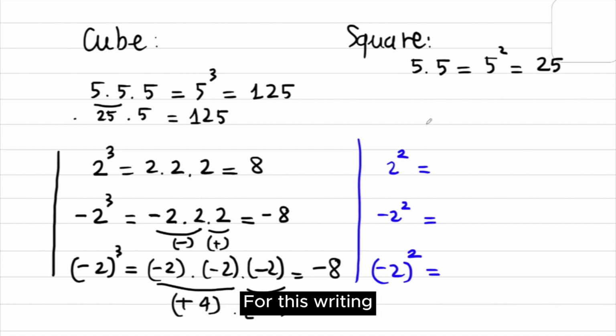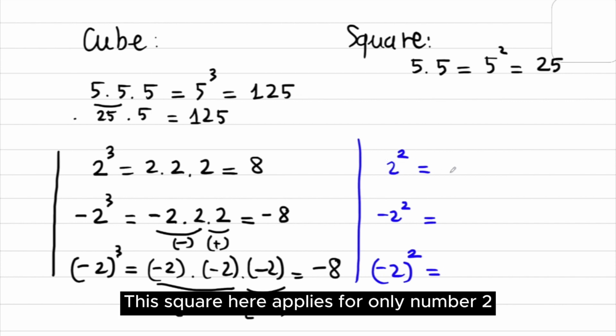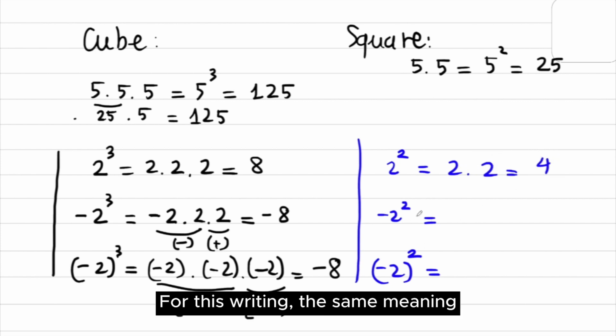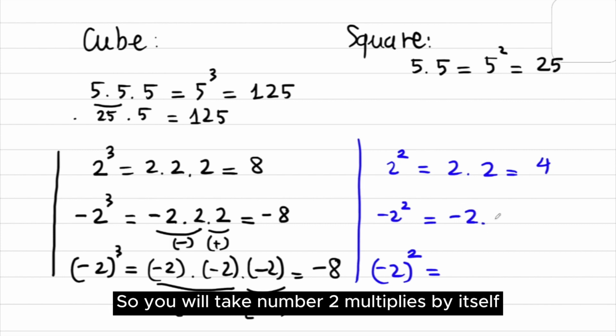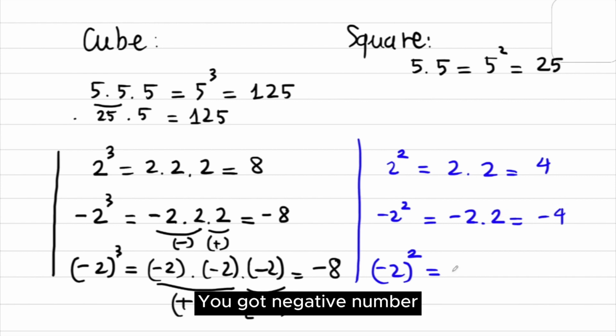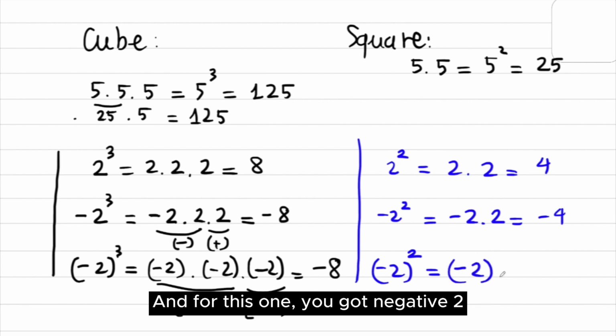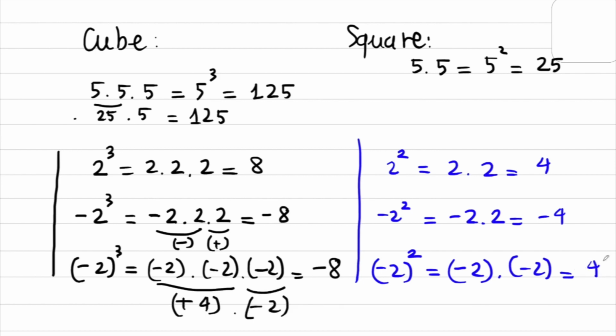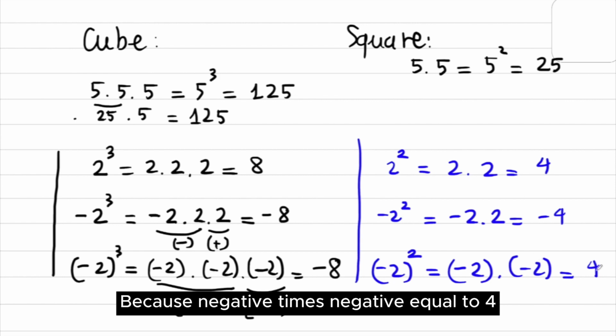For the first writing, the square applies only to the number 2, so 2 times 2 you get 4, and then the negative sign stays. For the second, negative 2 inside the bracket means the bracket is multiplied by itself, and the resultant number will be 4, because negative times negative equals positive.